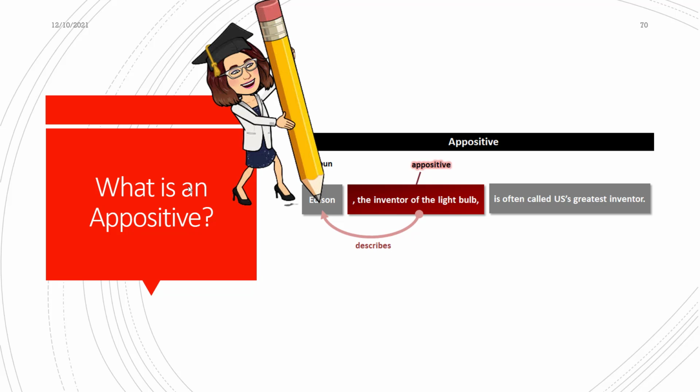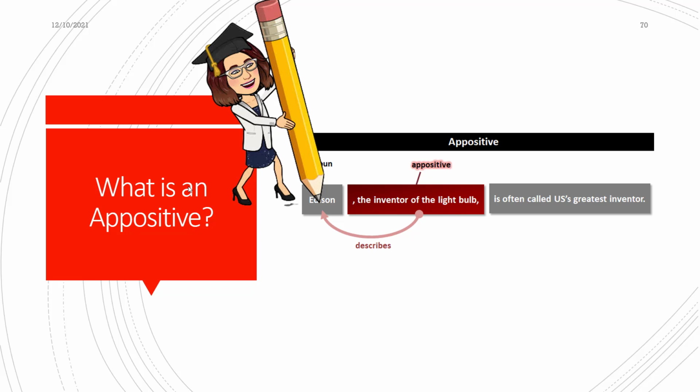And a relative clause is used to combine two simple sentences together that have the same subject. Remember we did that in sentence revision, where I talked about many different ways in which you can connect your simple sentences together. And one of the ways is by using who, which, and that.